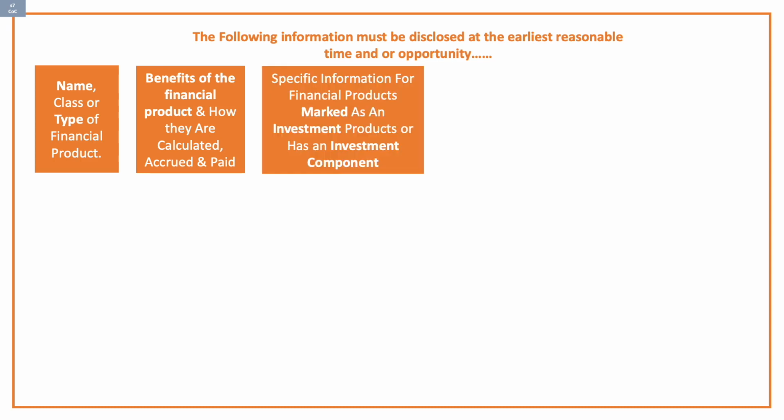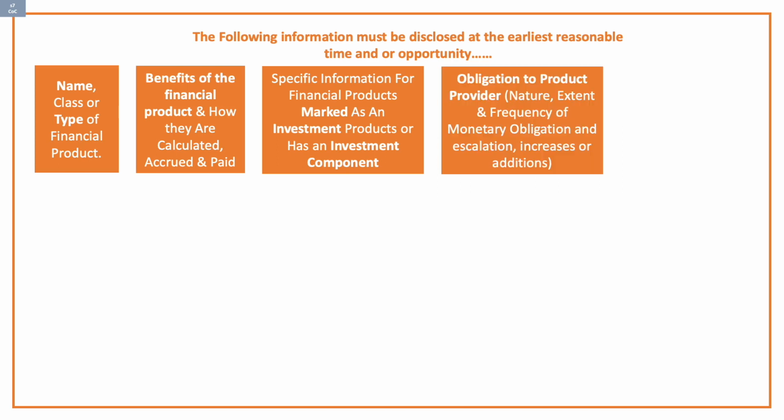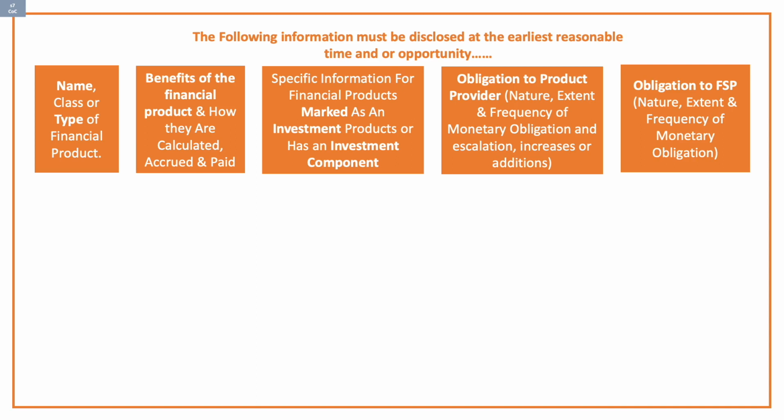The specific information for financial products marked as an investment product or has an investment component. 4. The obligation to the product provider, nature, extent and frequency of monetary obligation and escalation, increases or additions. 5. The obligation to the FSP, nature, extent and frequency of monetary obligation. 6. Any special terms and/or exclusions.